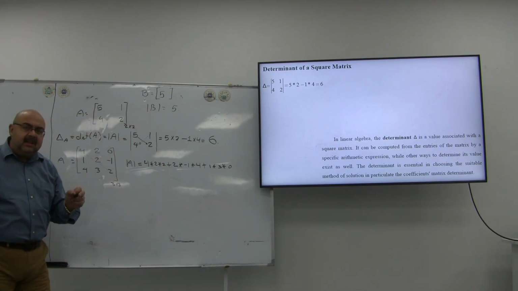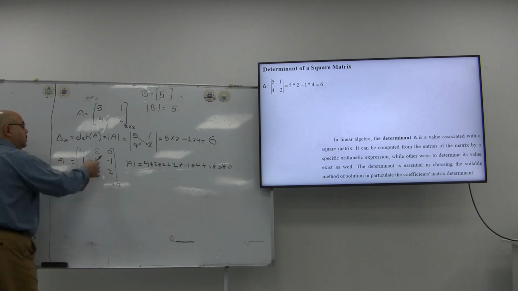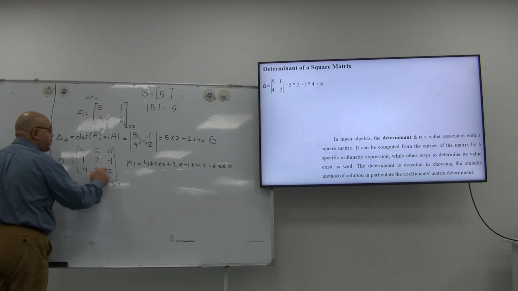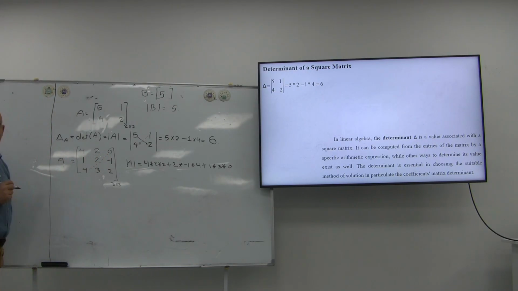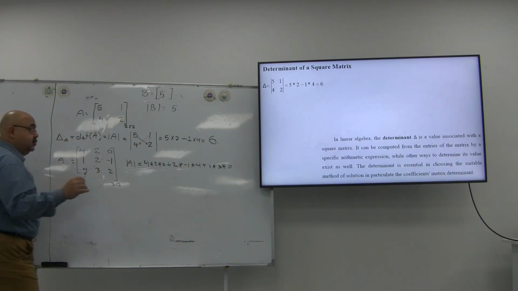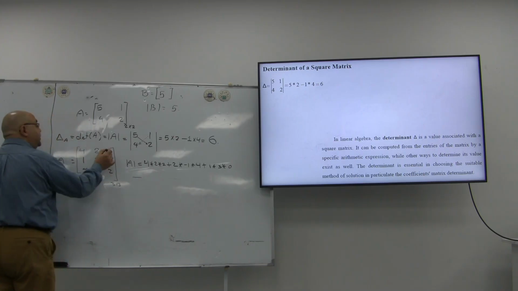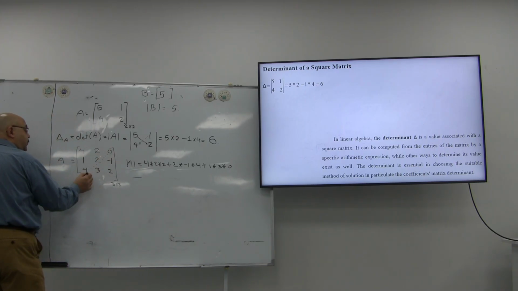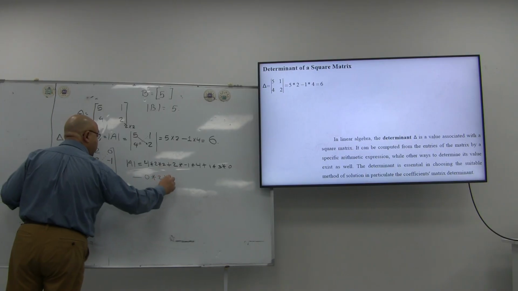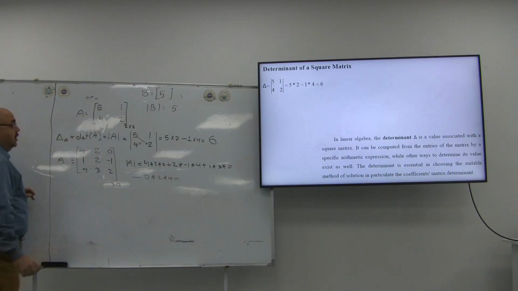I will do exactly the same, Adham, but in the other direction. That's the other direction, or the secondary diagonal. I will multiply, but I will add a negative there. So it's going to be negative 0 times 2 times 4, minus. Same way, please look at it.